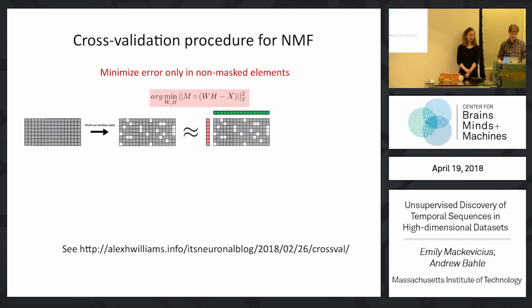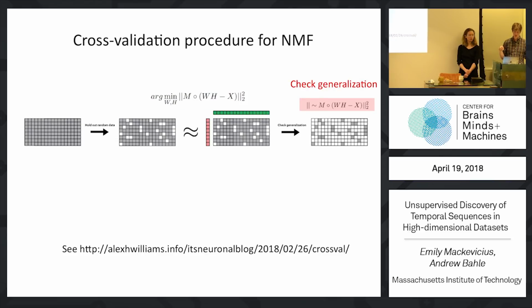But when you're finished, you look at those elements and see, even though I didn't fit them, did I still get good generalization there? Do I still minimize the error there?